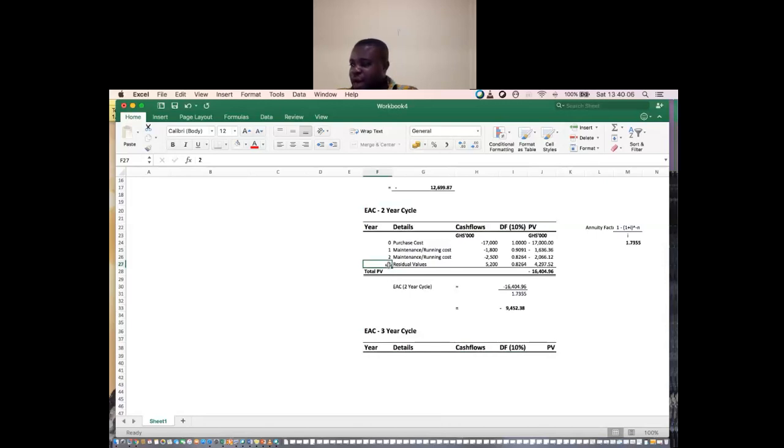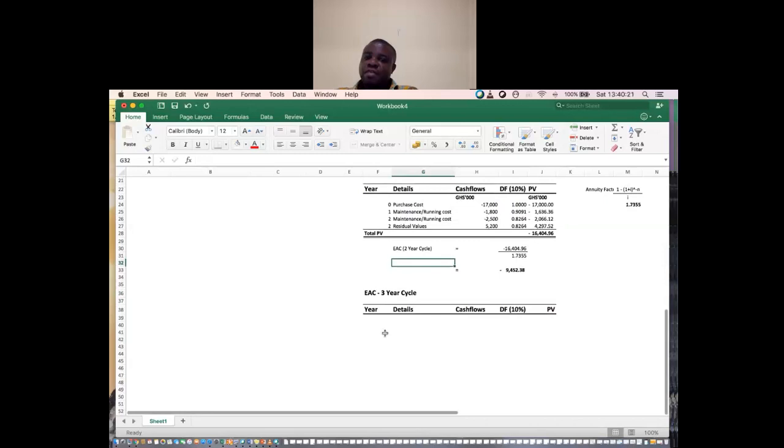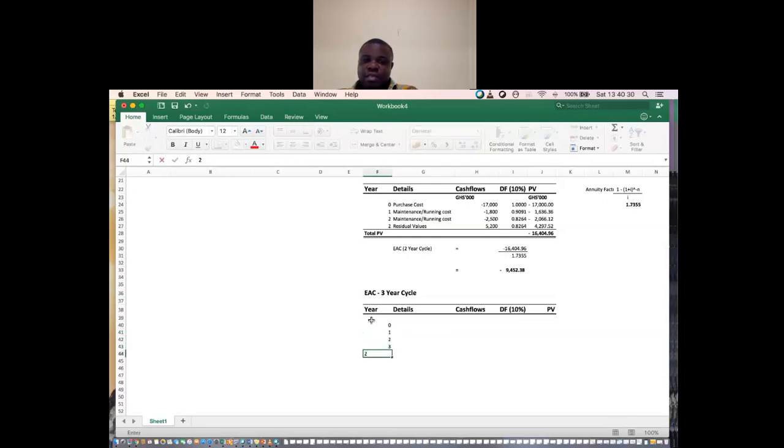Because what that means is that you're going to incur the various expenditure across the 3 years. The purchase price will be the same. The residual value for year 3 will also be the same. So what we are going to have is year 0, 1, 2, 3, and 3.